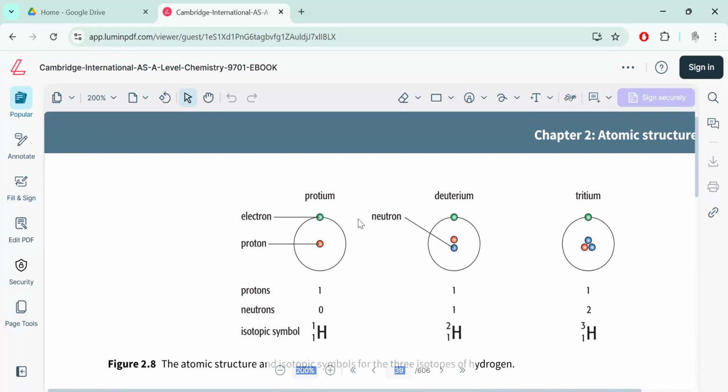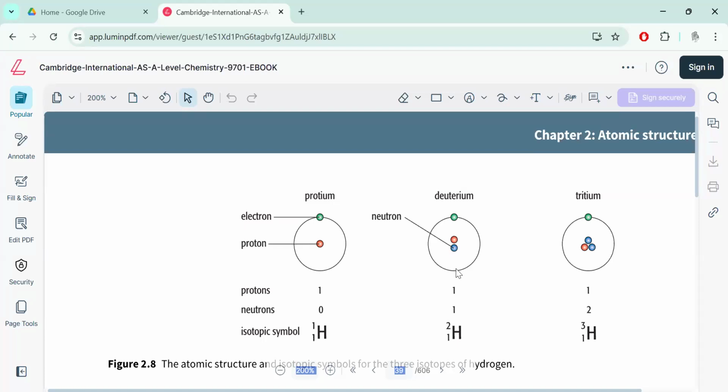So the one we have here is called protium. We have 1 electron and 1 proton. For the first one, hydrogen 1, it contains 0 neutrons. It just contains 1 proton and 1 electron. But on the second one, we have deuterium, hydrogen 2. We have an additional neutron.